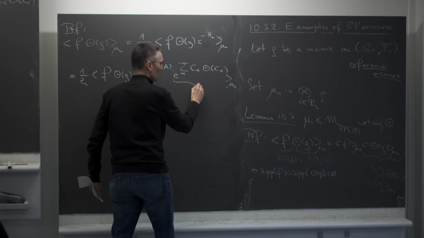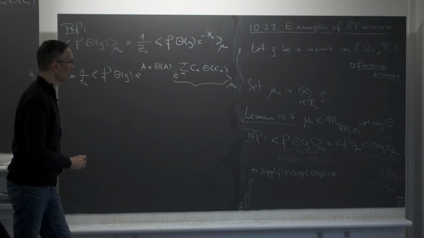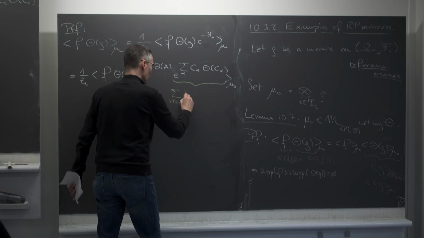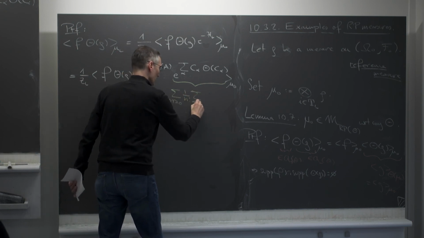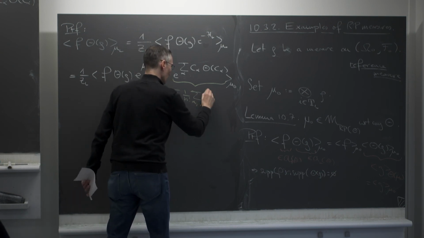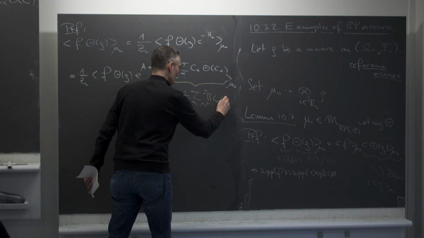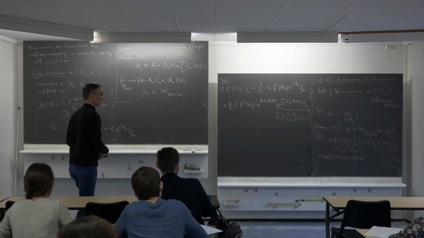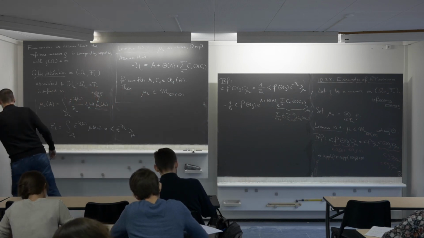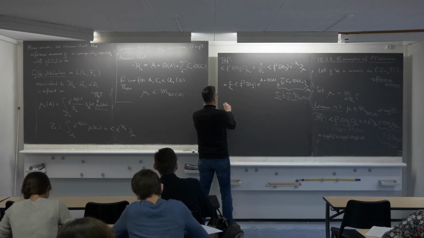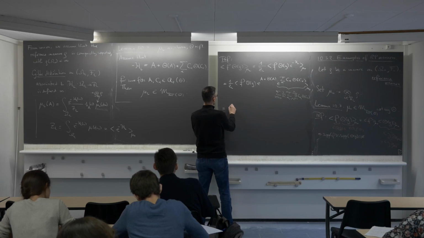So you expand this exponential in Taylor series. So I'm expanding this, that's just the sum over all n greater or equal to 0, 1 over n factorial, sum over alpha 1 to alpha n, product i equal 1 to n of C alpha i, theta of C alpha i. Right? Just expanding the exponential. And this will give me, so still the 1 over Z L, I don't care about.